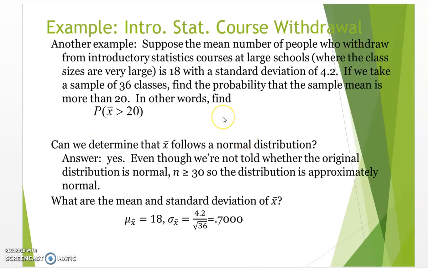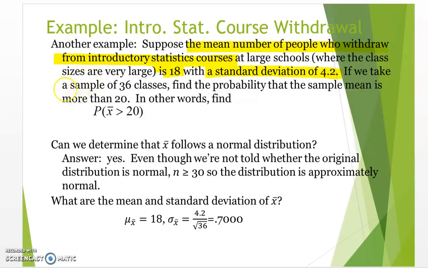All right, we have another example here. Suppose the average number of people who withdraw from an introductory stats course at large schools is 18, with a standard deviation of 4.2.